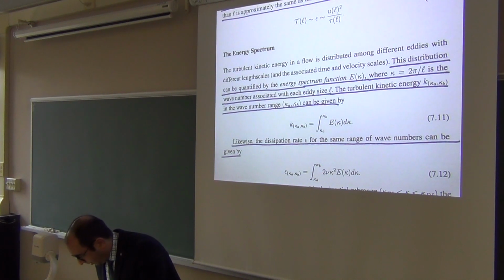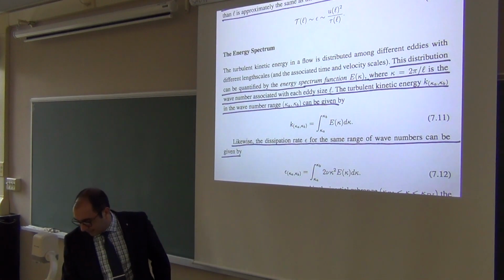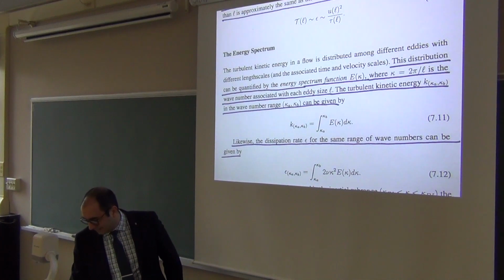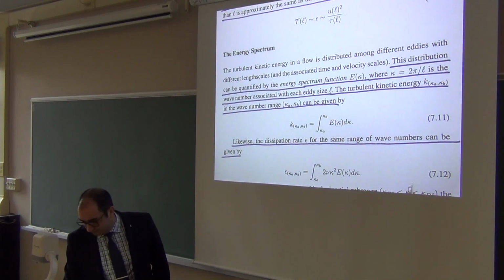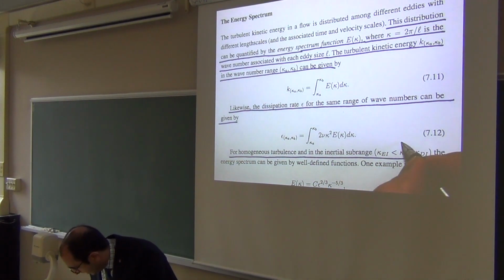And for homogeneous turbulence and in the inertial subrange, remember, well, if your ranges were LEI, LDI, there is a corresponding range for the wave number, right?